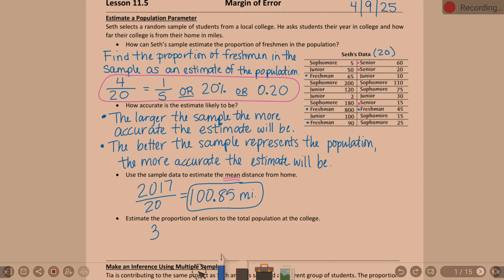No. Okay. 3 seniors out of the sample size of 20. What do we know about ways to express 3 out of 20? 15%. Okay. It is a decimal of 0.15. It is a percent of 15%.